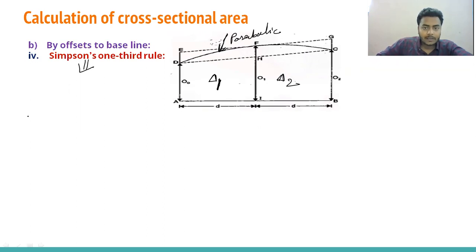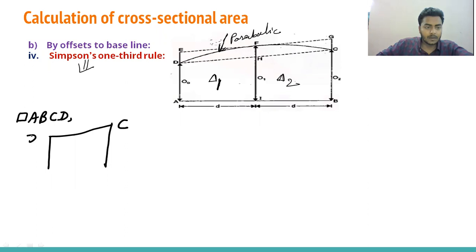The area I'm going to calculate is A, B, C, D. You can see this trapezoid is formed like this, with a straight line here, then a straight line like this, C, D, A, B. Here this is O0, this is O2, and the distance between these two is 2d. So we can calculate the area.